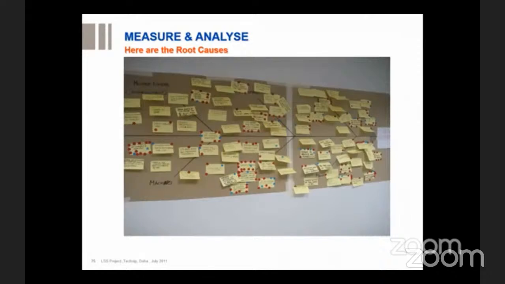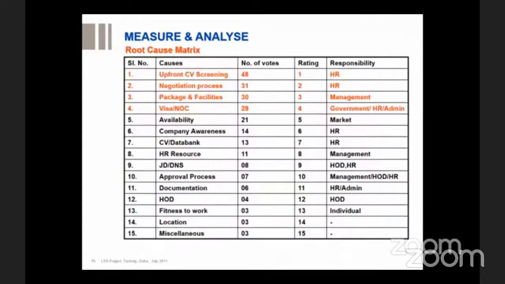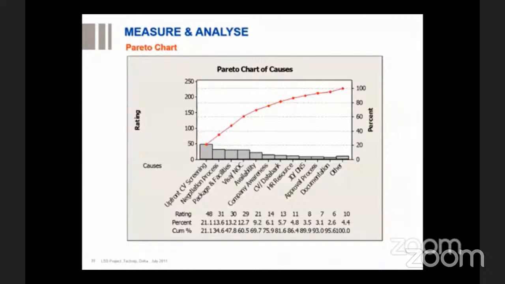So you distribute your dots, and we collect the number of votes, arrange them in descending order and make a Pareto chart. Meaning highest on the top, then lower and lower. So you'll find that the first 4 or 5 causes are contributing to almost 80%. First 5 or 6 causes are contributing to almost 80%.